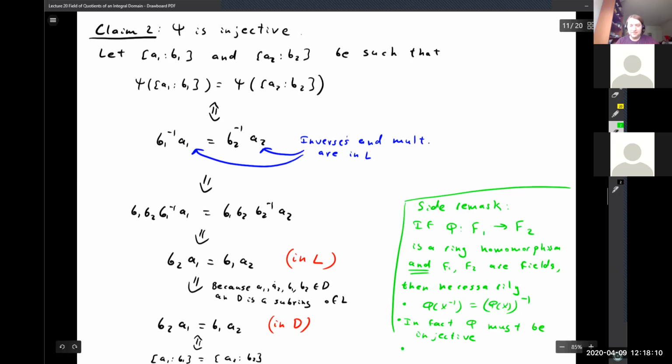And as a corollary, F1 will be isomorphic to the image phi of F1, which is just a subfield of F2. So there's only one non-trivial field homomorphism.